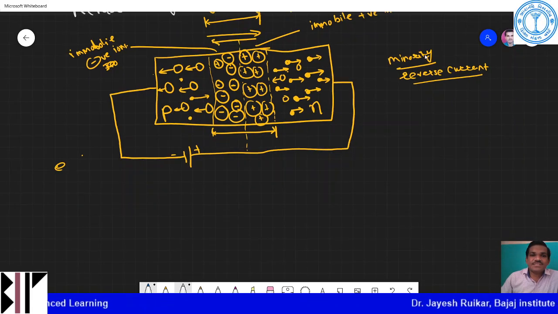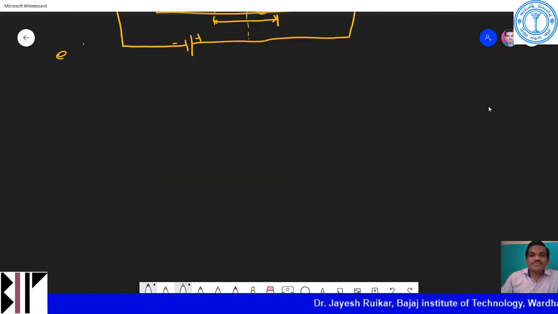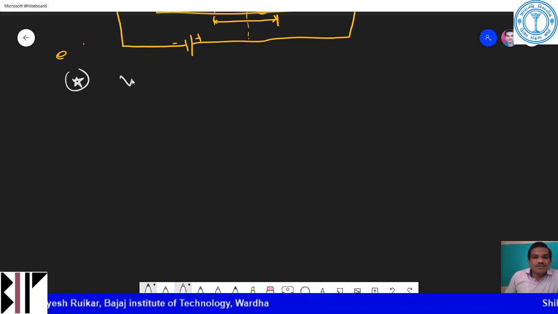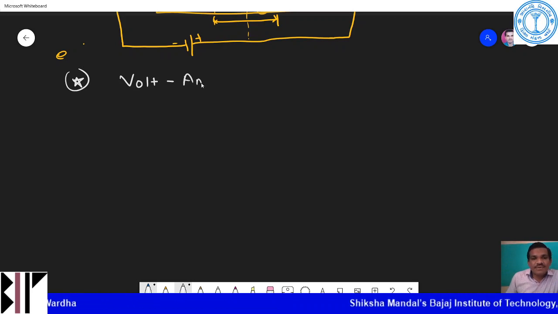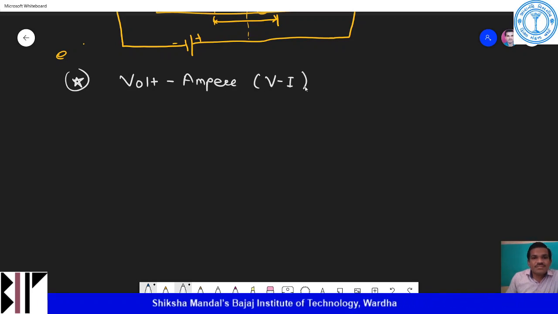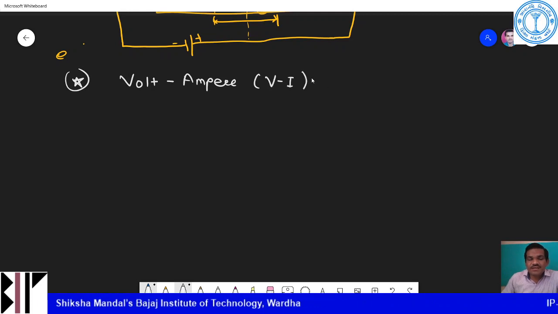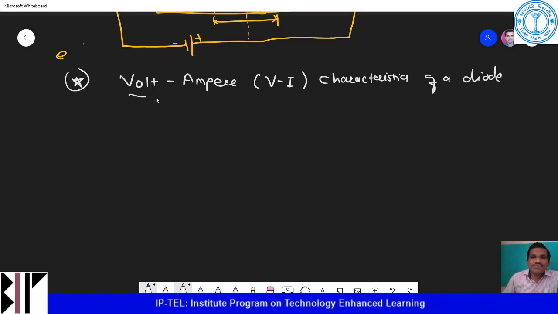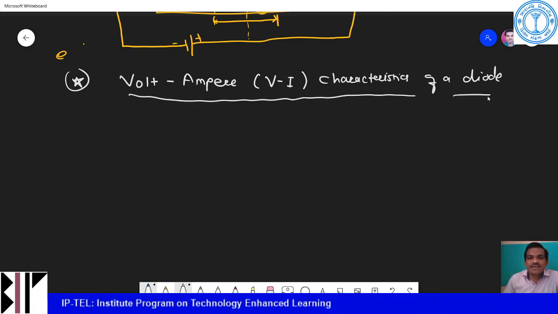This we have already seen, and in today's class we will talk about the VI characteristics of a diode. VI is short for volt ampere, so we will talk about the volt ampere characteristics of the diode.